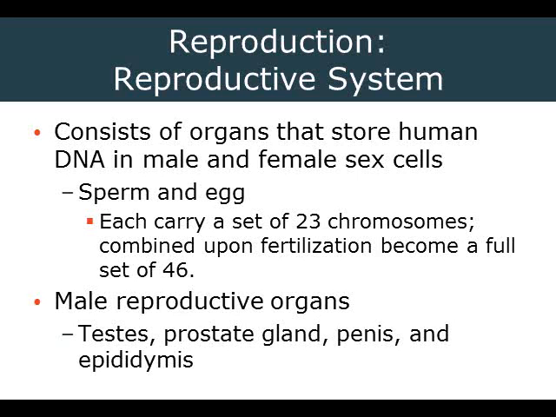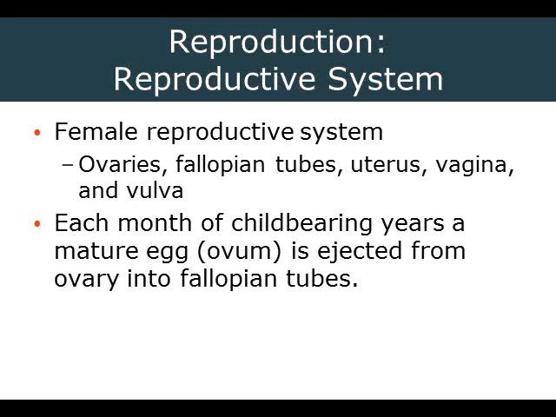The male reproductive organs, we talked about those, as well as the female, and how during the childbearing years, a mature ovum is ejected from the ovary into the fallopian tube and is hopefully going to be, depending on your perspective, hopefully or unhopefully, fertilized and implanted in the uterine wall.